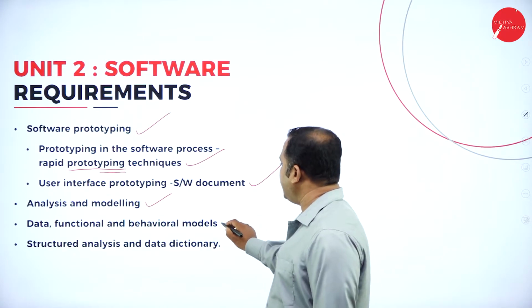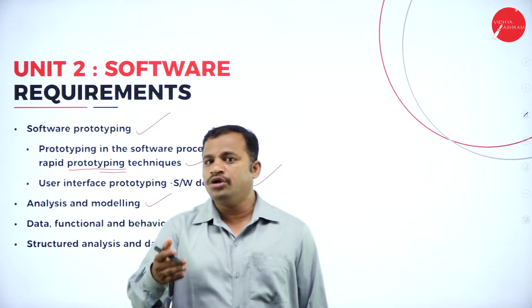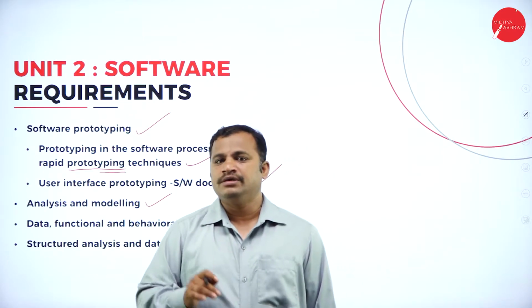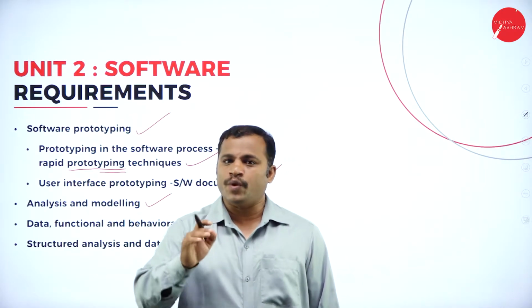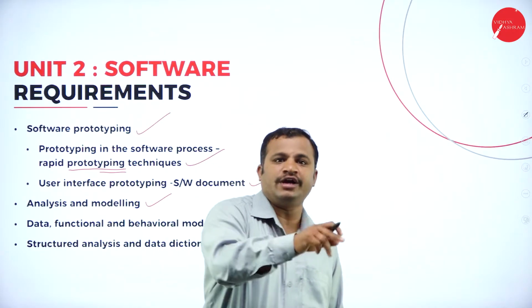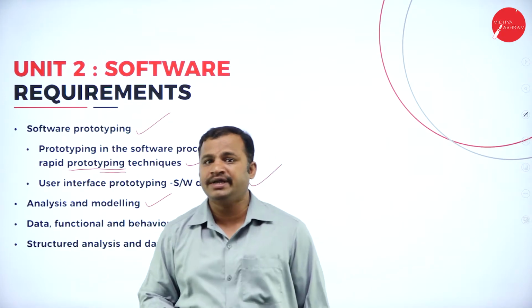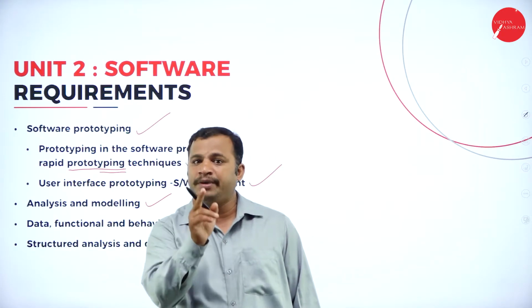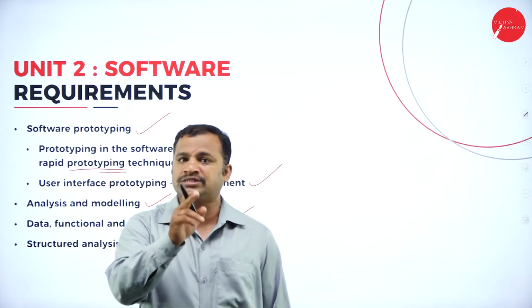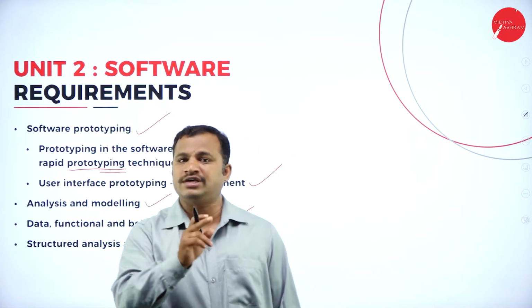Then data and functional behavior. As you all know, data is what is entered by the user. Once the data is entered by the user, it has to move through different modules, that is, it is processed. For example, when a patient registers himself at a diagnostics center, he may be tested for different types of tests.